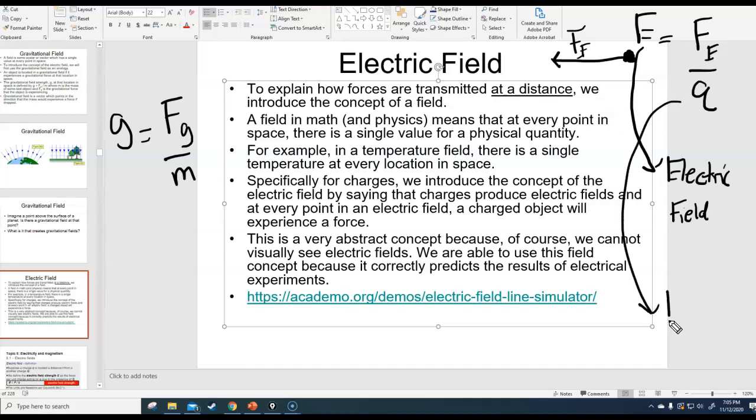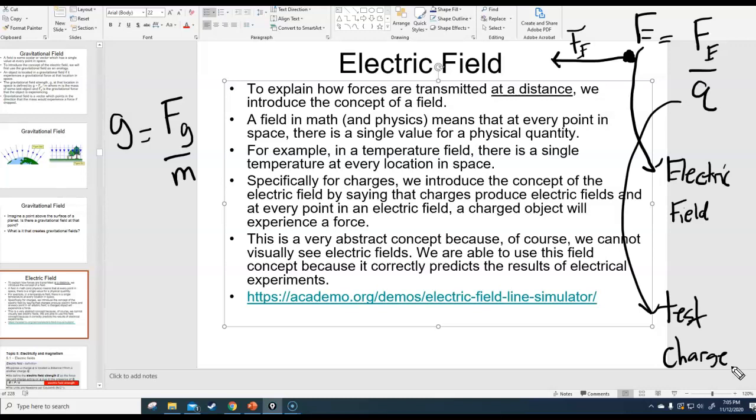This little q is often called the test charge, and it's a test charge in the sense that you're using it to define the electric field at that point in space. It doesn't matter what the charge is exactly, you're just using it to define the electric field strength at that point in space.